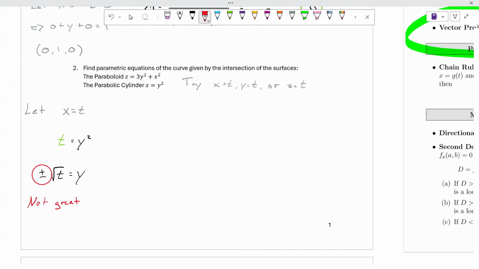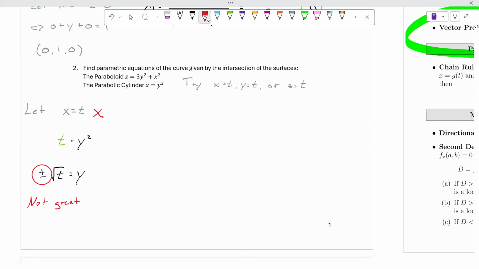And getting a plus or minus in my parameterization is not very ideal because that means I no longer have a function there, right? I don't get to express y as a function of t if I try this route. So that's not a route I want to go. I don't think this is going to be a very good parameterization.